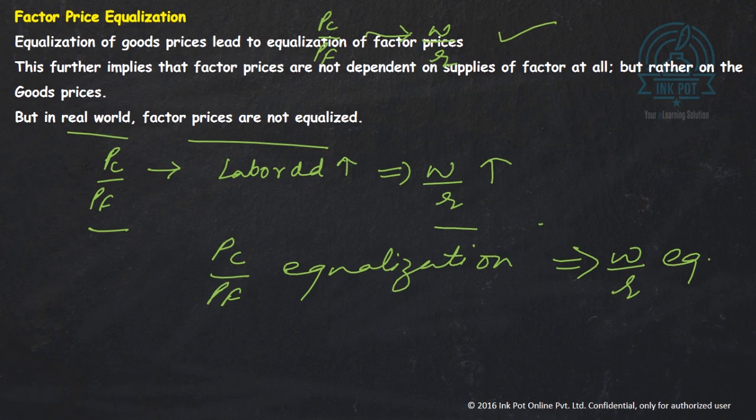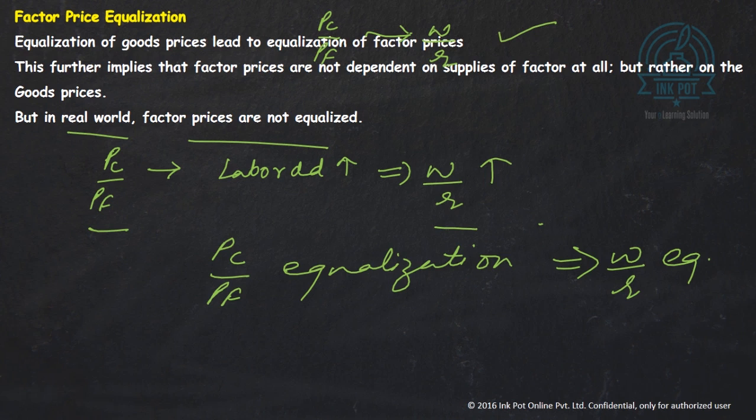So it is not as easy as it is on paper, which is why factor price equalization, though it seems a very good idea, though it seems like this will happen, in real life it doesn't really happen. And although factor price equalization doesn't happen, it does lead to convergence of factor prices. So W by R certainly converge towards each other, but will never be equal to each other because there's a lot of other aspects which we are not considering here.